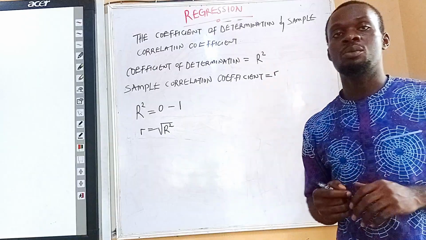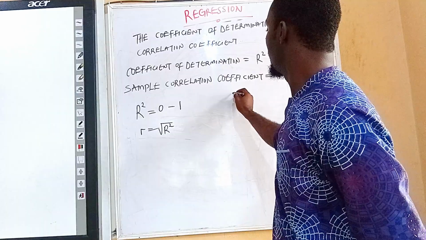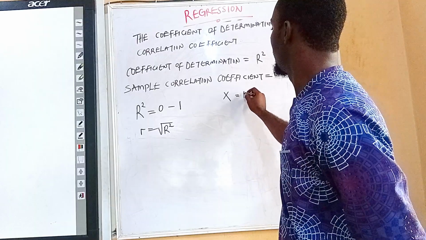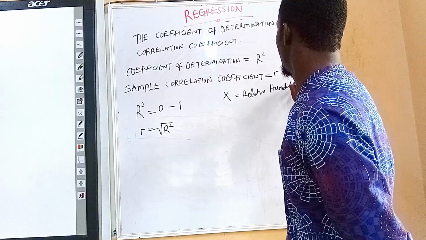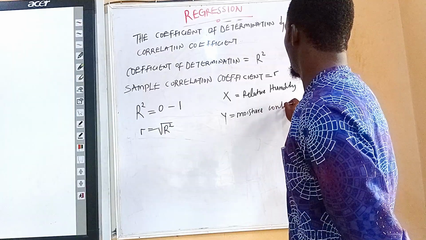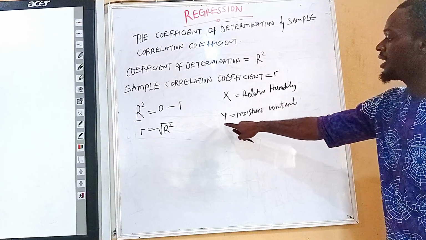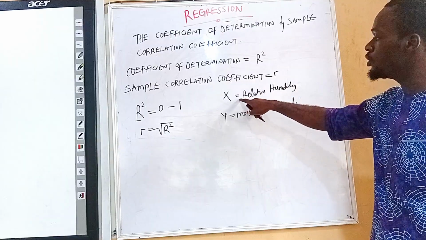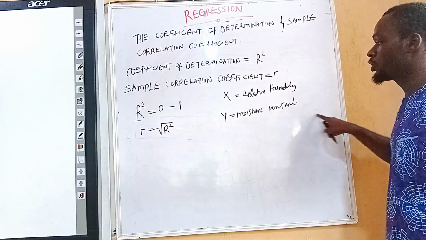If you recall the example we solved initially, x was the relative humidity and y the moisture content. This r value is trying to explain why, at different values of relative humidity, we have different values of moisture content.